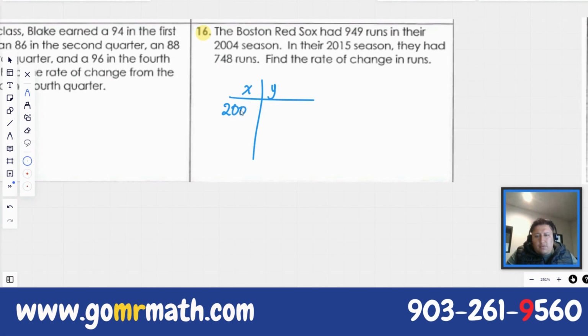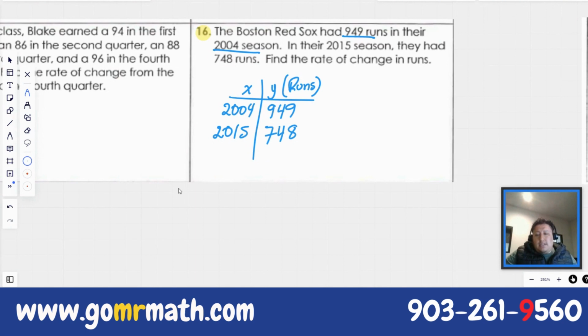We'll have the year, we're assigning X, and the values for Y. Have 2004, 949 in their 2004 season, and what happened in 2015, 748 runs. So look how it's changing this part, the Y that I'm calling the runs. Okay, so over the change in the years, it has decreased the runs.